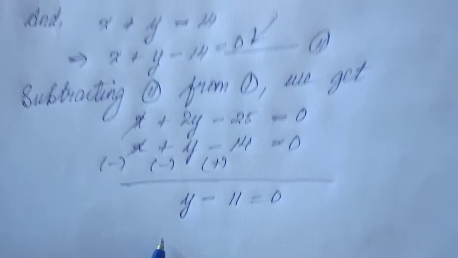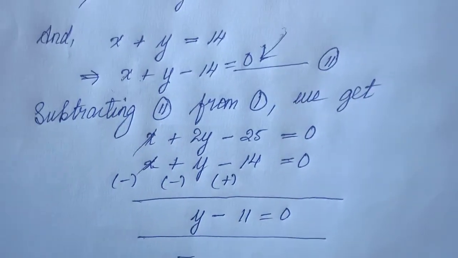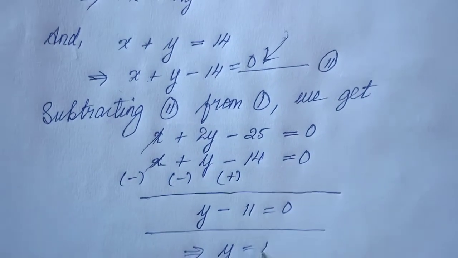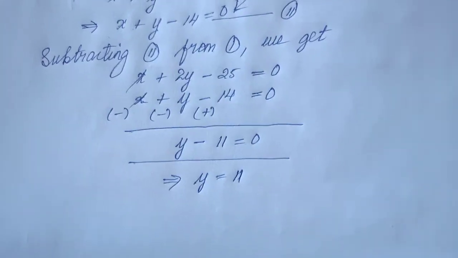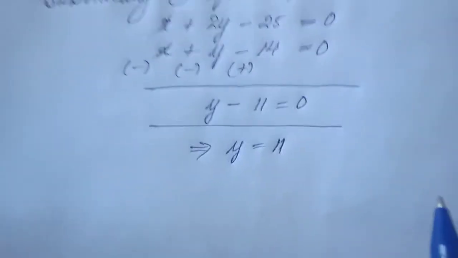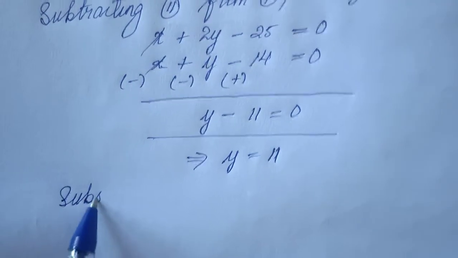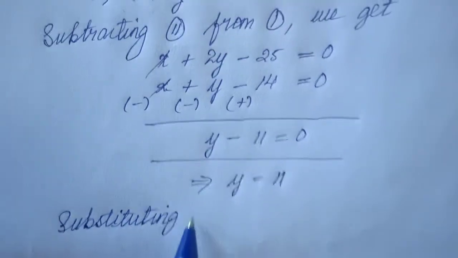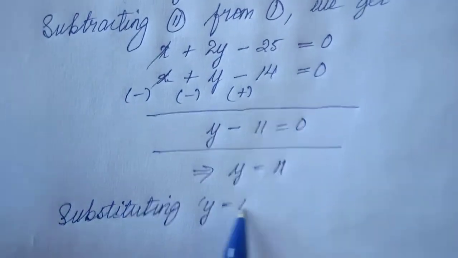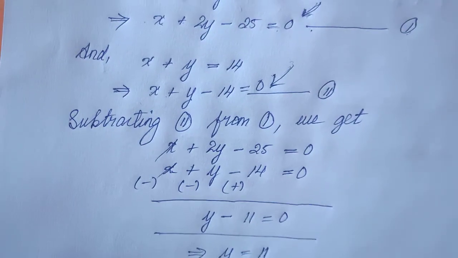Okay, that means that the value of y is 11. So that means that she bought 11 pens. Now as I have the value of y here, substituting y equal to 11 in the simplest equation, equation 2.